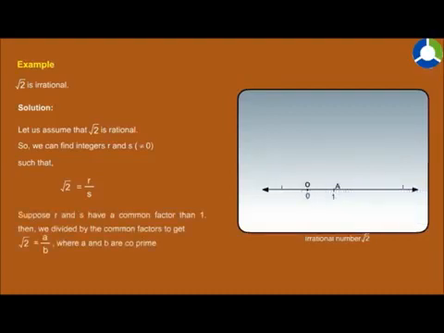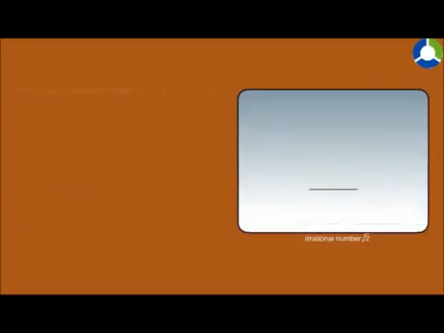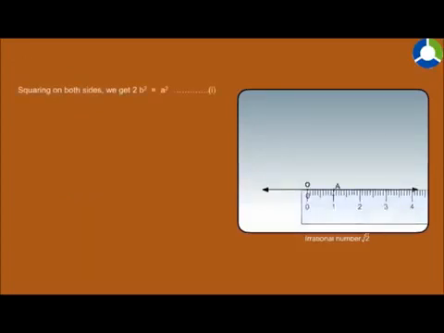Suppose r and s have a common factor other than 1, then we divide by the common factors to get √2 = a/b, where a and b are co-prime. So, b√2 = a. Squaring on both sides, we get 2b² = a².